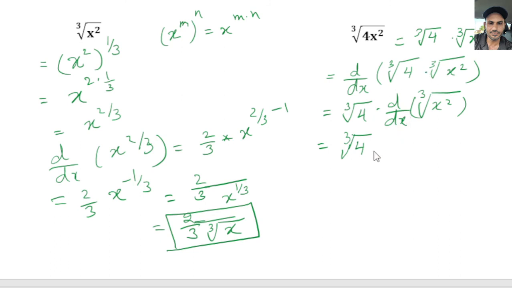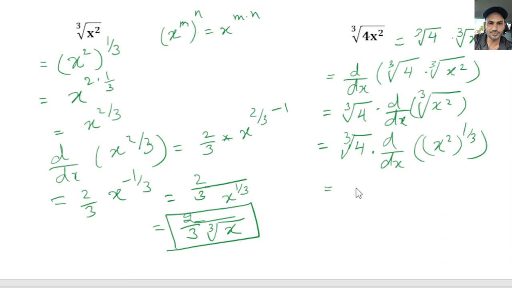And then inside I'm going to further simplify it. So this becomes x squared to the 1/3. And then we use this property of exponents: when we have x raised to the m power and raised to the n power, we just multiply the exponents.